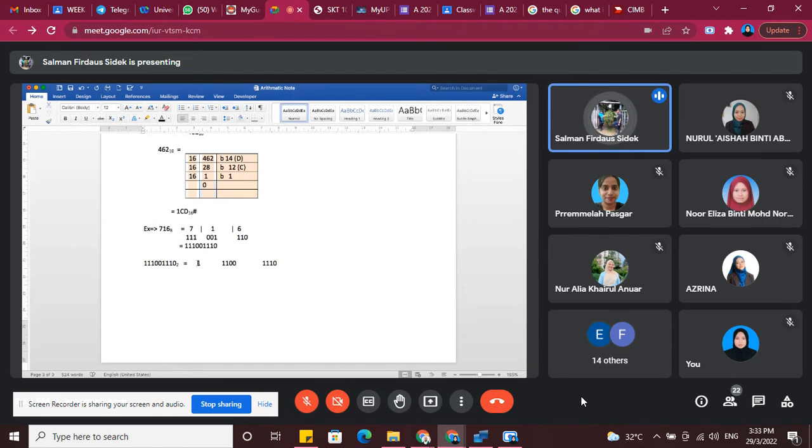Ambil 4. 0 1 ni kita biarkan dulu. Okay, 1 1 1 0. What is 1 1 1 0? 8, 9, 10, 11, 12, 13. Ni berapa ni? 1 1 1 0. F is 15, 1 1 1 1 is 15. 14, E. E kan?